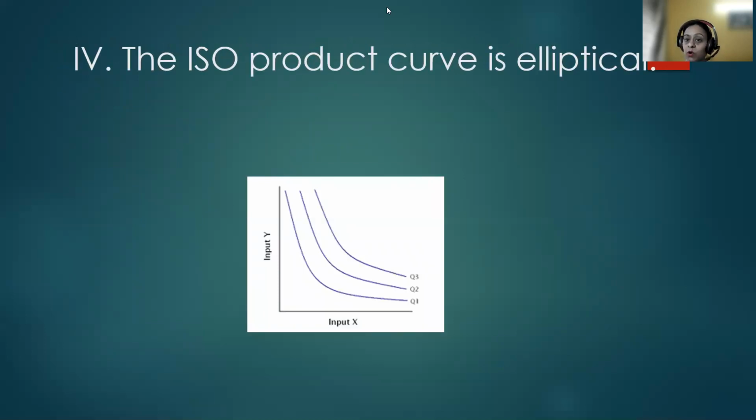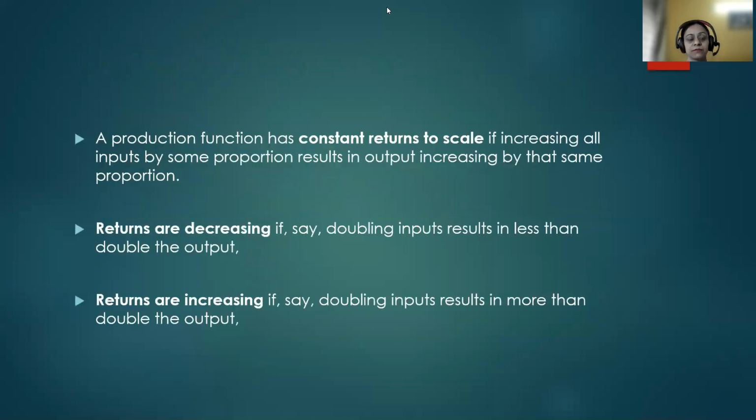Isoquant curves are also elliptical in shape, and the reason for the elliptical shape of the isoquant curve is the law of diminishing returns. As we go on increasing one factor, ultimately the total product is going to decrease, and that's the reason for the elliptical shape of the isoquant curve.